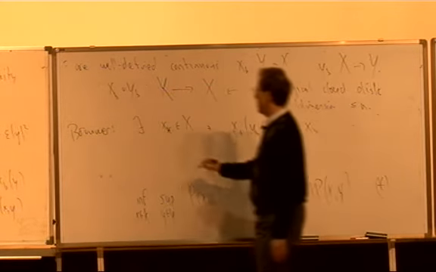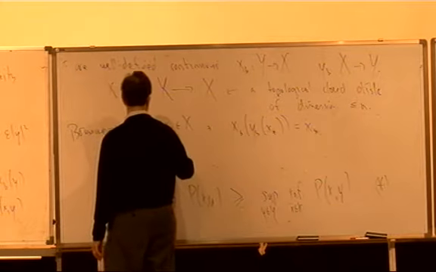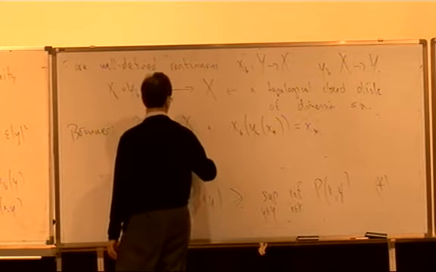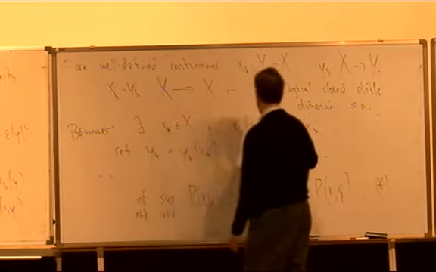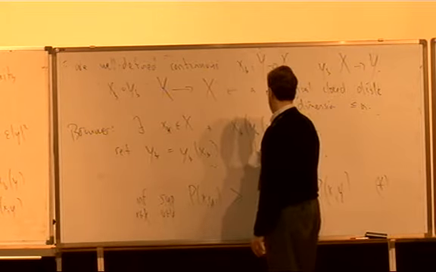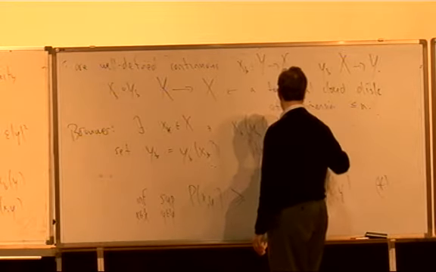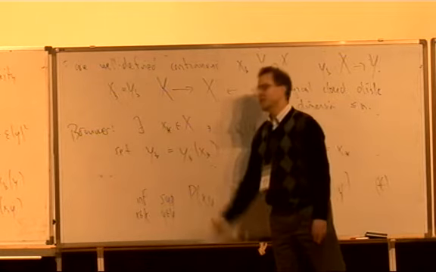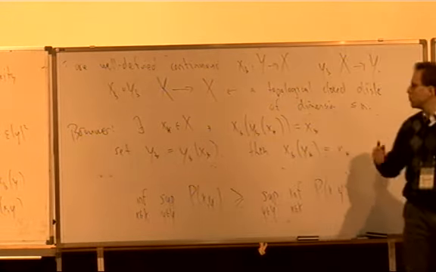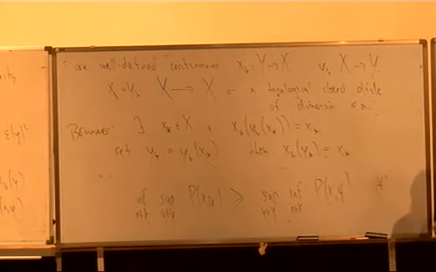So let's set y star to be y b of x star. And then what I observe is that x b of y star is equal to x star, and y b of x star is equal to y star.